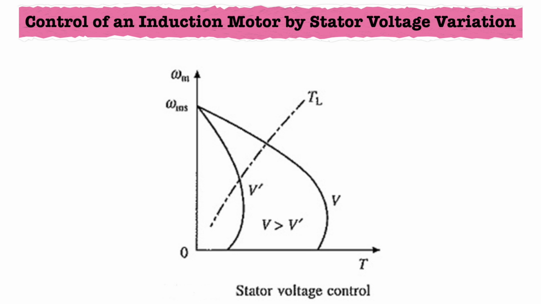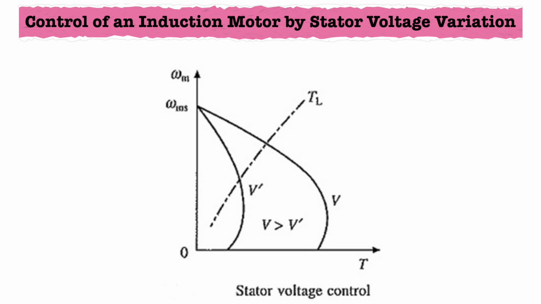Stator voltage control is a method used to regulate the speed and performance of an induction motor by adjusting the voltage applied to its stator windings. This technique is commonly used in applications where precise speed control is required. The stator voltage can be varied from 0 to full value within the triggering angle range.